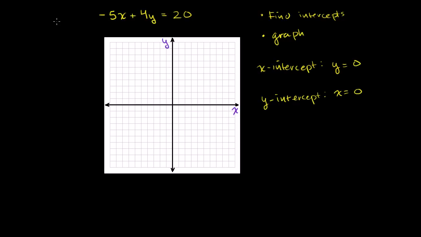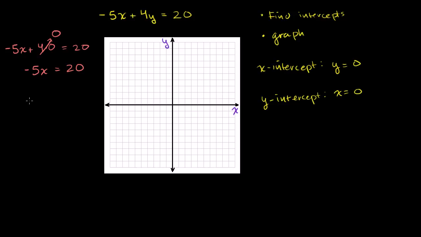So when y is equal to 0, what does this equation become? I'll do it in orange. You get negative 5x plus 4y. Well, we're saying y is 0. So 4 times 0 is equal to 20. 4 times 0 is just 0, so we can just not write that. So let me just rewrite it. We have negative 5x is equal to 20.